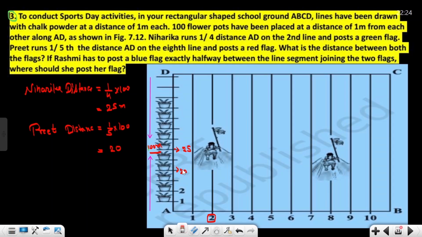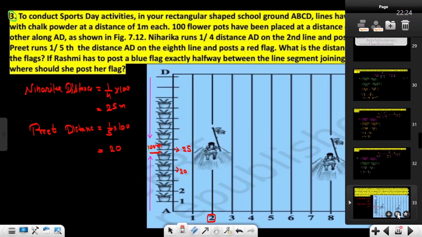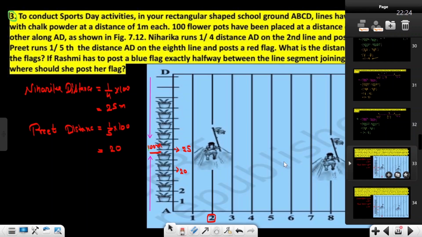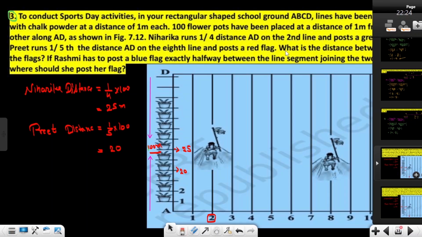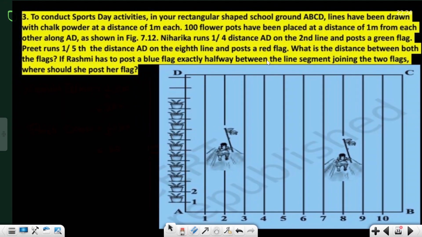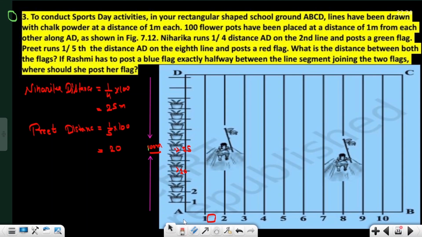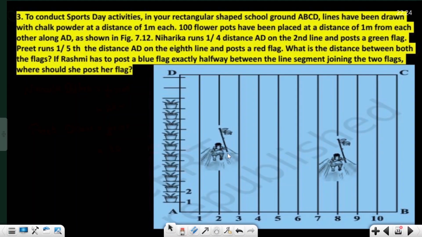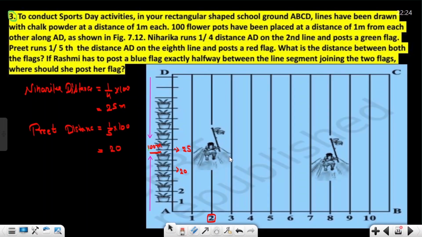What is the distance between both the flags? The first question is the distance between both the flags. Look at it here and copy.